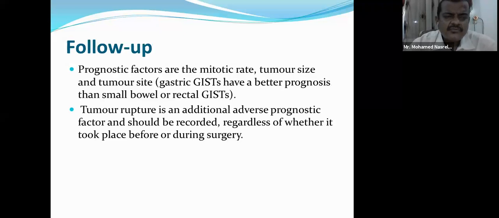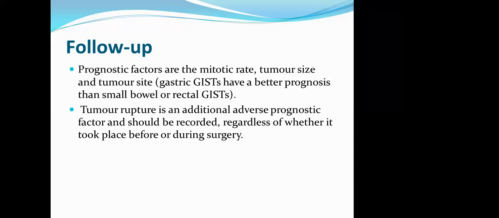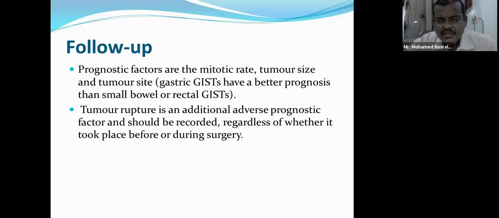How to follow those patients up after surgery? Prognostic factors are the mitotic rate, tumor size, and tumor site. Gastric GIST have a better prognosis than small bowel or rectal disease generally. And tumor rupture is an additional adverse prognostic factor and should be recorded regardless of whether it took place before or during surgery.